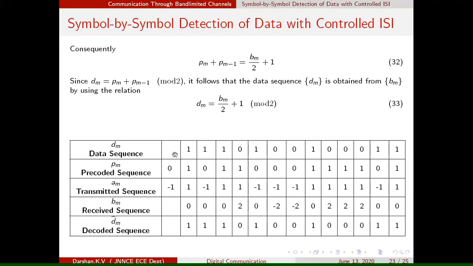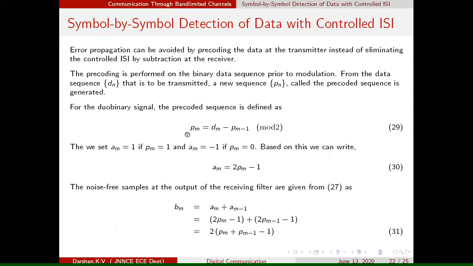So what is that logic you are applying? The pre-coded sequence is given by the actual data minus p(m-1), mod 2. This operation is a modular subtraction, or in other words, it is basically an XOR operation. If you write minus and introduce mod 2 over here, it is basically an XOR operation.